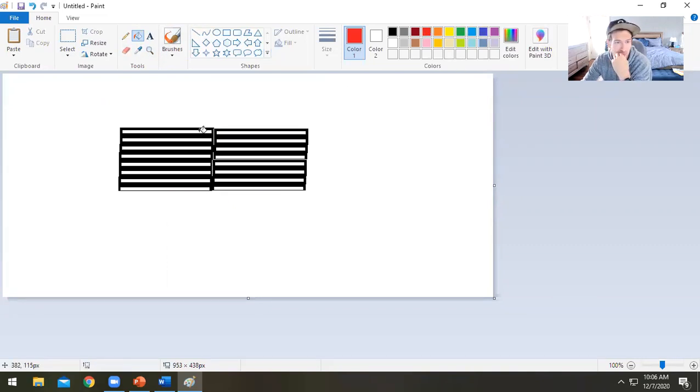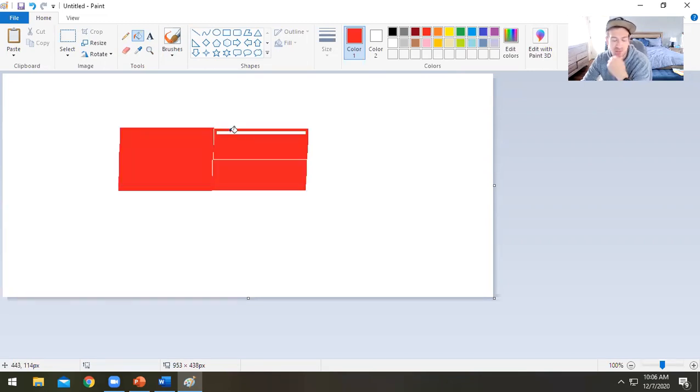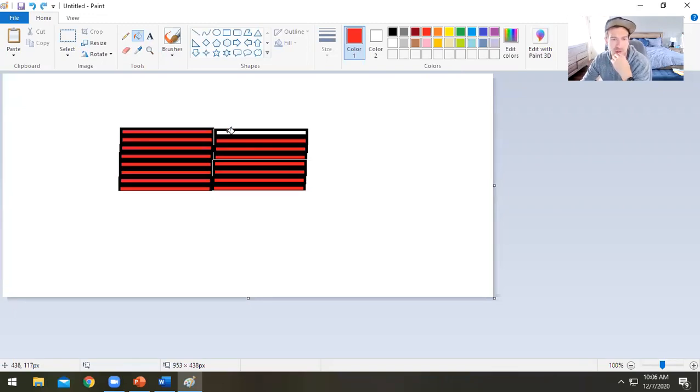We'll color our muscle fibers here real quick. Red means that they're turned off. Red means stop, right? So these muscle fibers are not contracting. These are relaxed. Every one of these muscle fibers is relaxed right now.